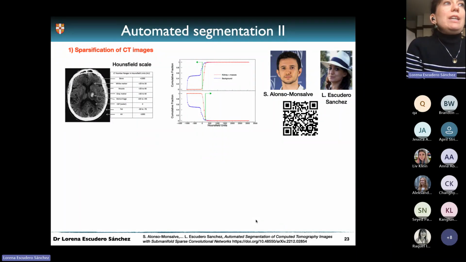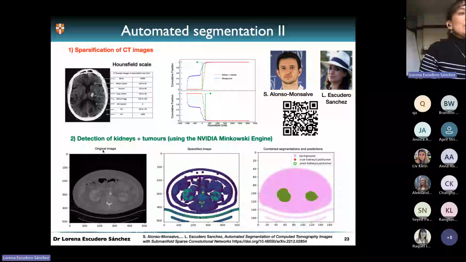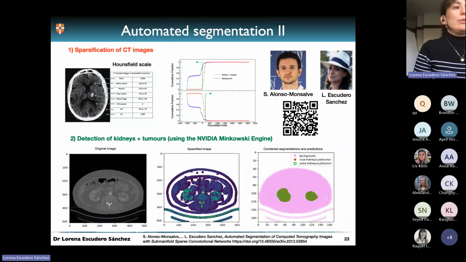Of course, the question would be how do we apply this to CT images, because original CT images are not naturally sparse. But in the case of CT, we can use the information that we have about Hounsfield units to do a process of sparsification, meaning anything that is not within tissue ranges of Hounsfield units, we can set to 0.